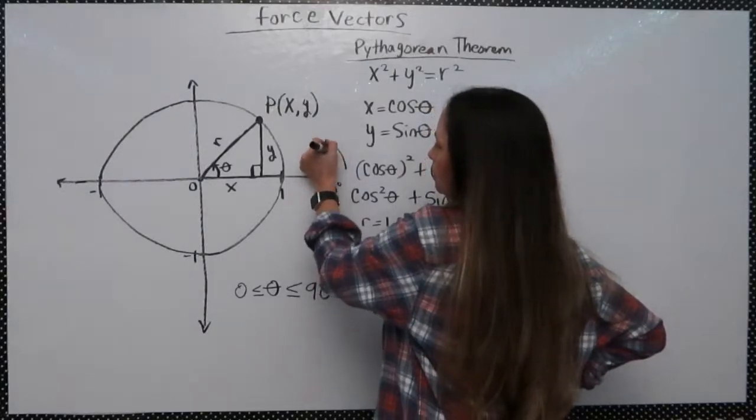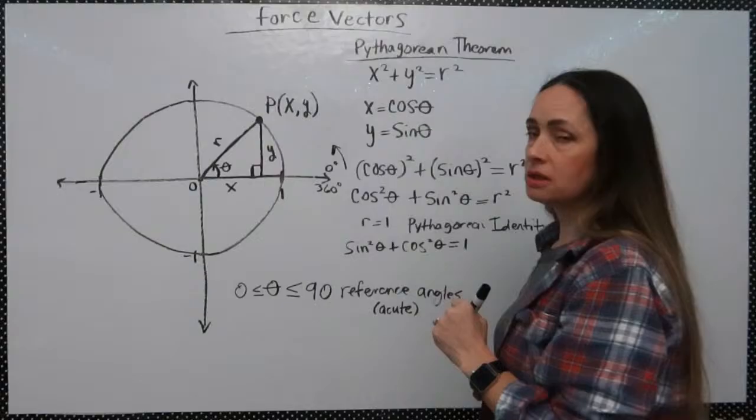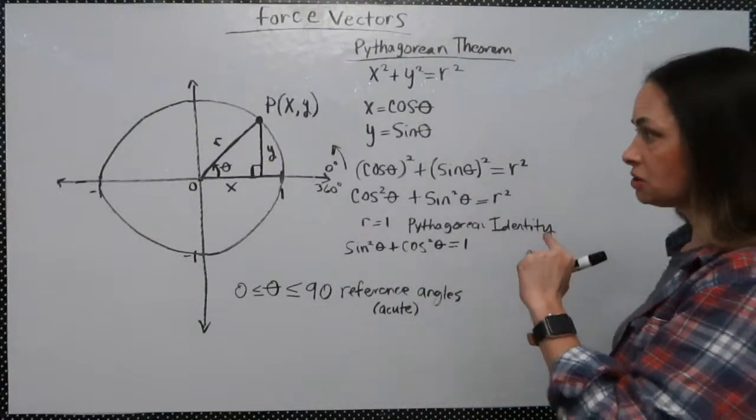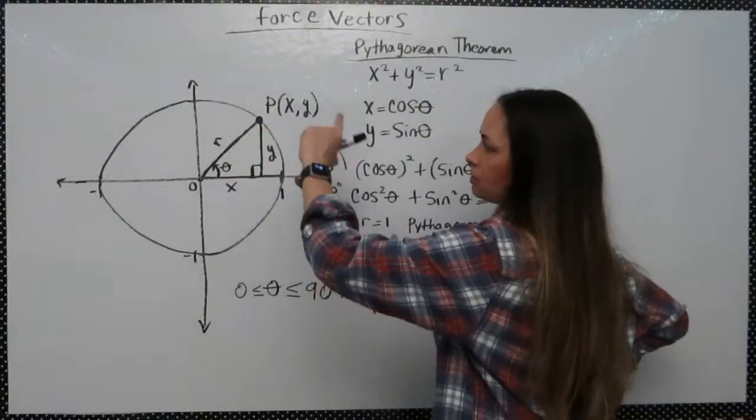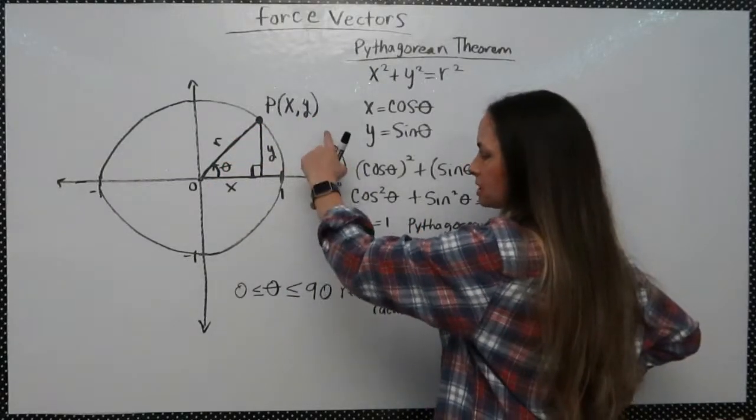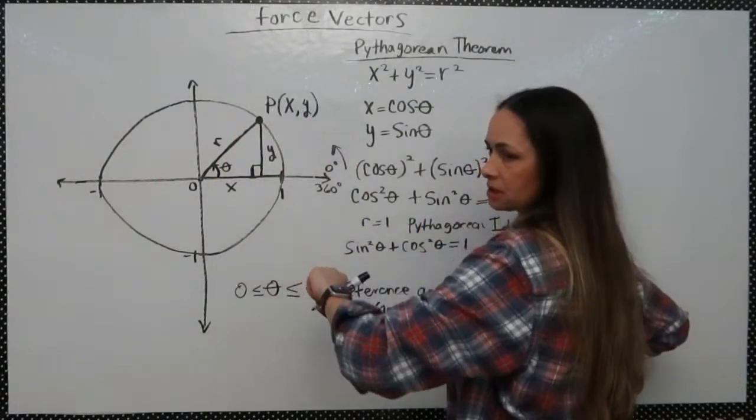So you go counterclockwise around that circle, and each time you pass this point, you're accumulating. So it's more than 360 or less than 360.